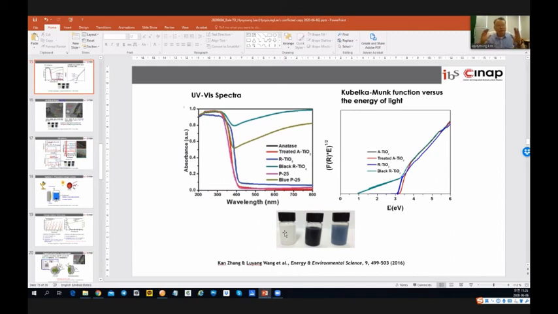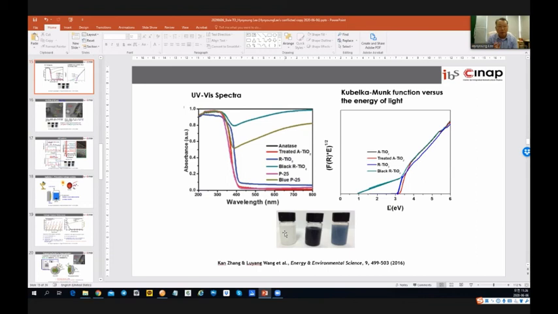I didn't know from the beginning, but through the results, I found out one part is the visible light absorption, but the other part has to have good charge separation. That is the main thing we found out until now.